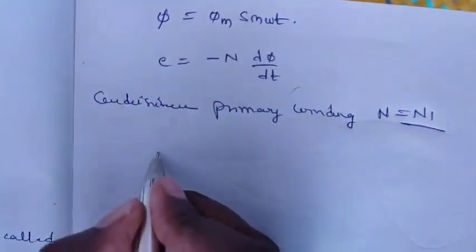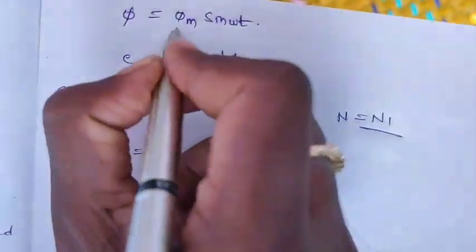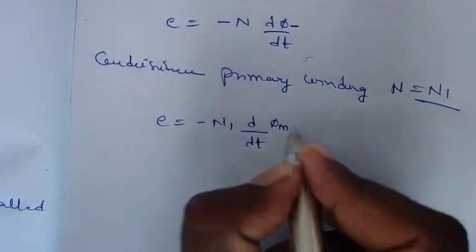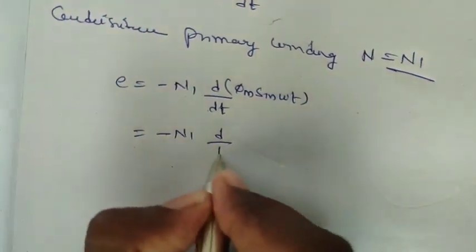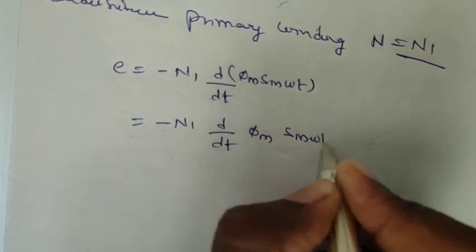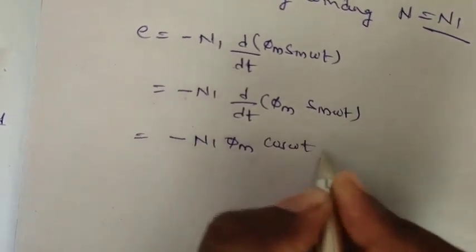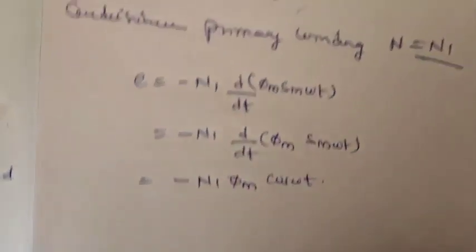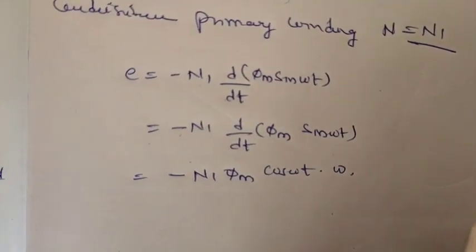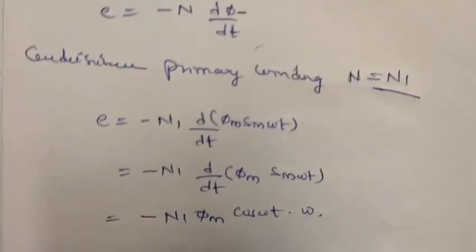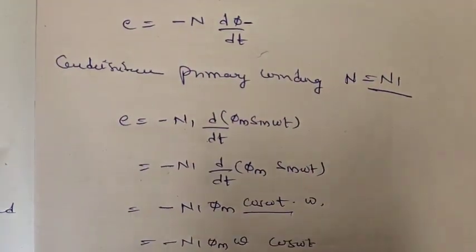So E equals minus N1 d by dt of Φm sin omega t, that is equal to minus N1 Φm omega cos omega t.